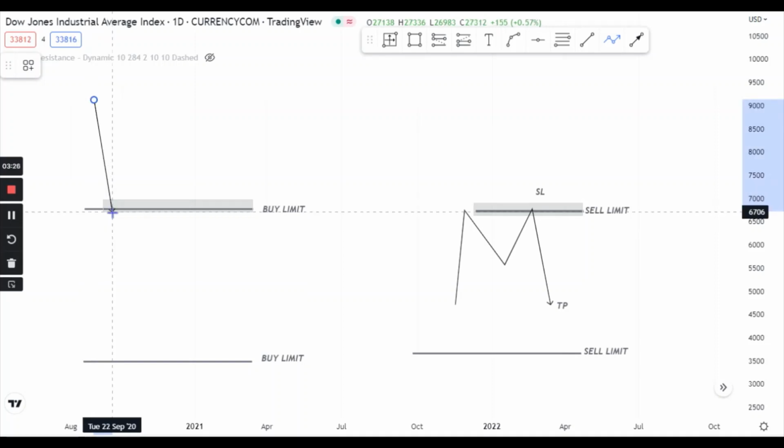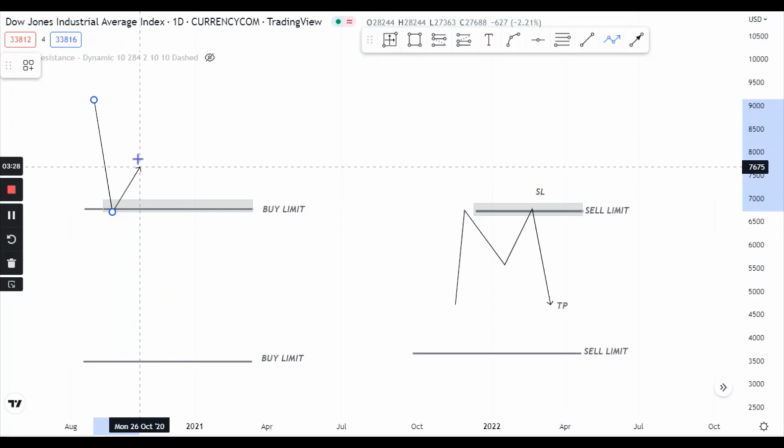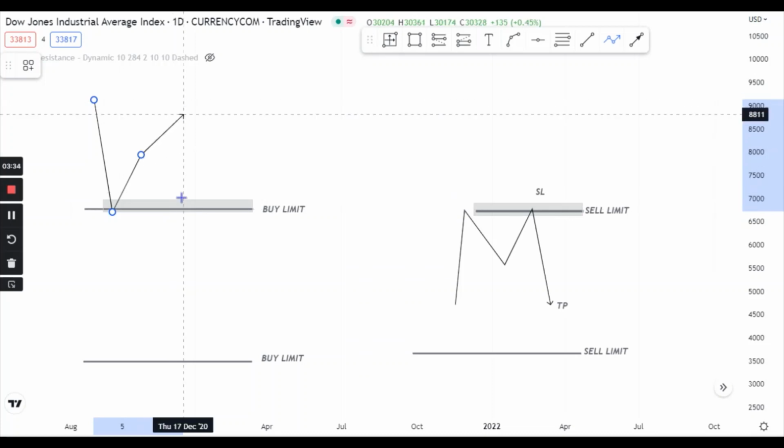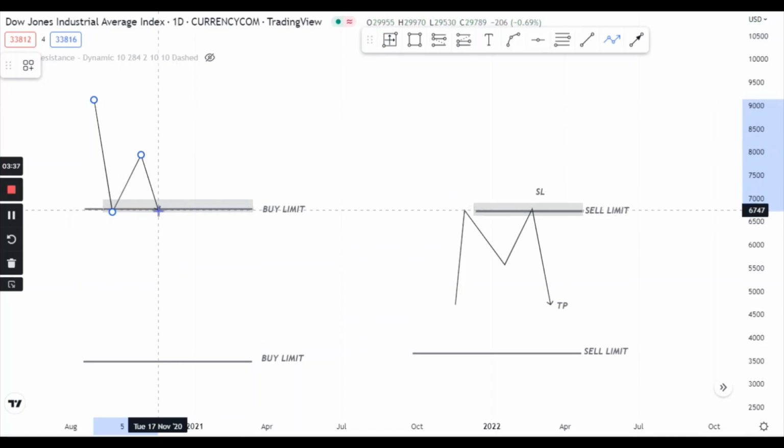But I didn't enter a trade there. I was intending that if it hits the support twice, as a double bottom, it will continue going further down. And then bam, I was hoping this would happen, and it actually works.